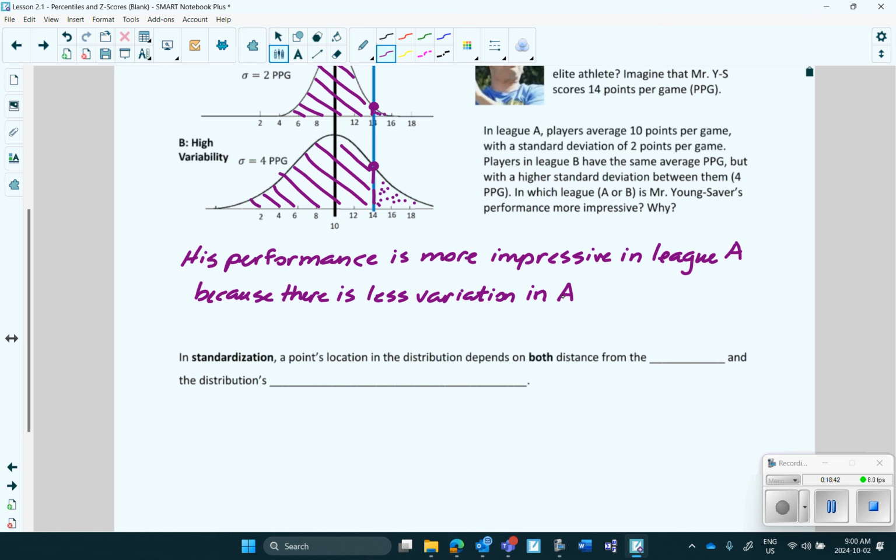Okay. Fewer players have higher points per game than him.